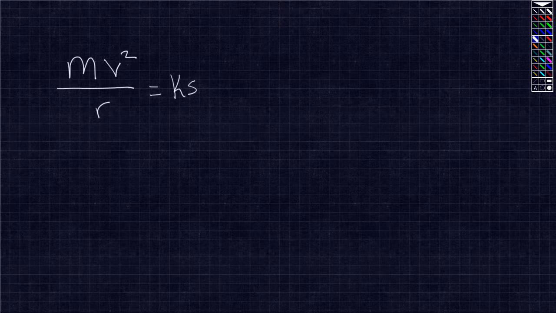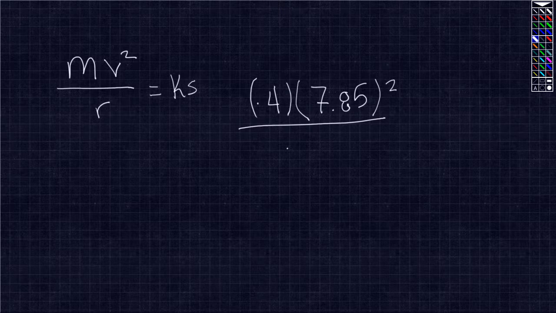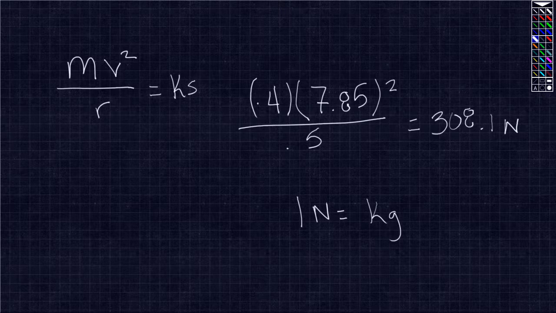We know our mass, which is 0.4, times our speed, which we recently found, 7.85 squared, all over the radius, which would be 0.5, which will equal 308.1 newtons. And we know it's a newton because 1 newton equals kilograms times meter per second squared.